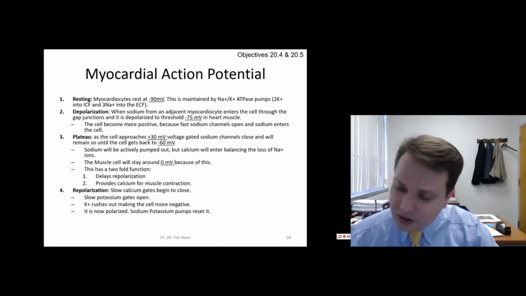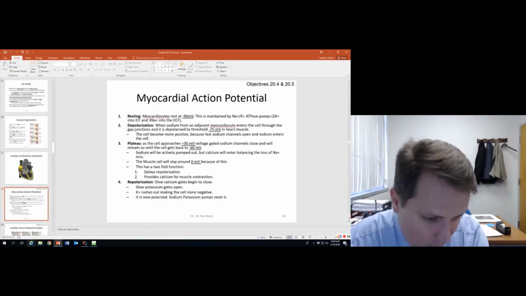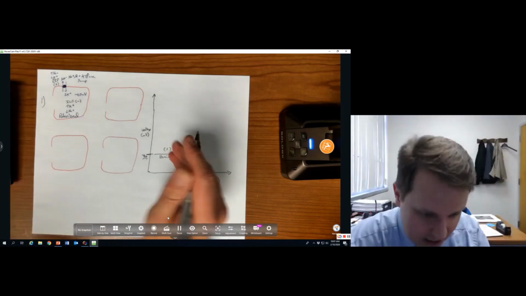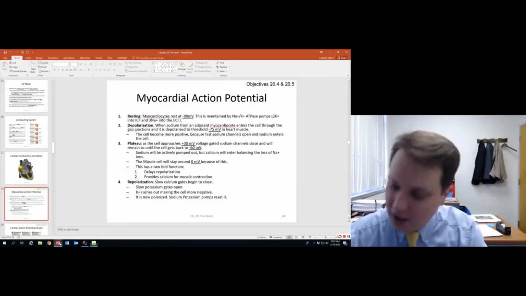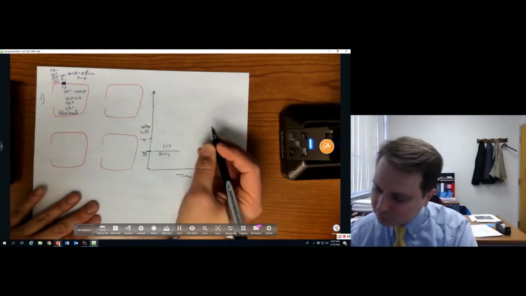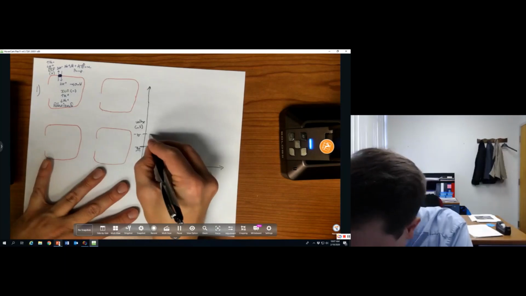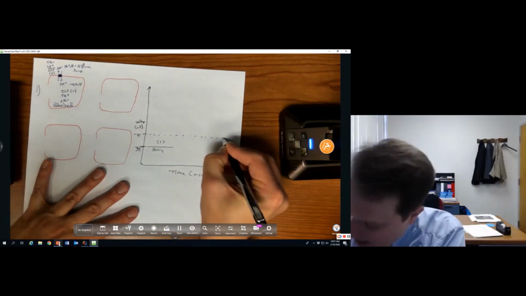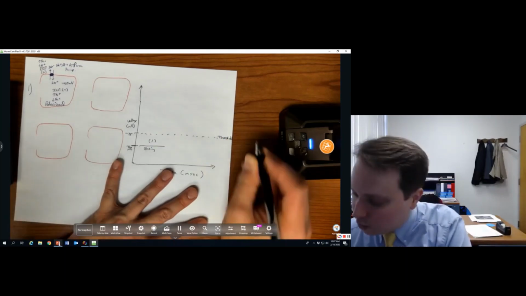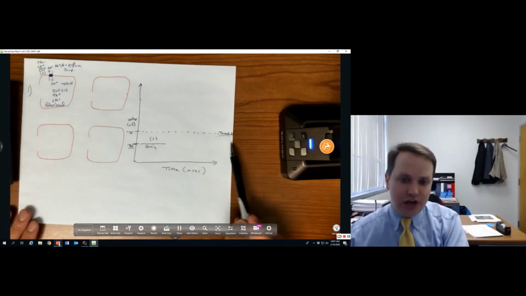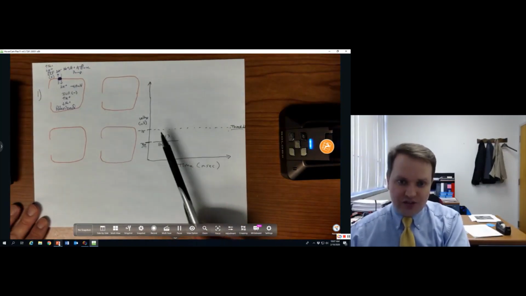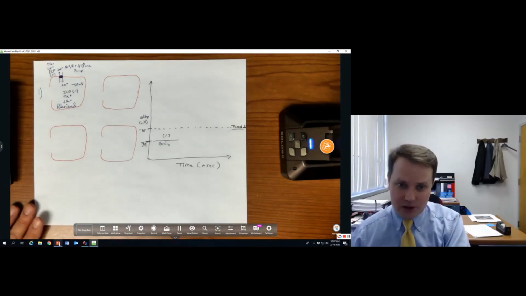I need to tweak my notes a smidgen, so let's put negative 75. Now negative 75, put a dotted line, and we're going to say this is threshold. Threshold is the minimum charge you need to reach to cause an action potential to form. So this value of negative 75 millivolts is going to be very important.